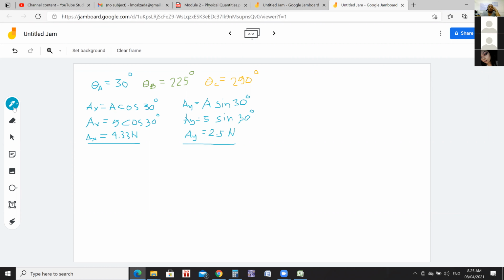Next, we'll proceed now to vector B. Vector B. So we have BX equals to B cosine of, atong gamiton is theta B, which is in this case 225. BX is equals to, pila to ang B? Ang B is 10.